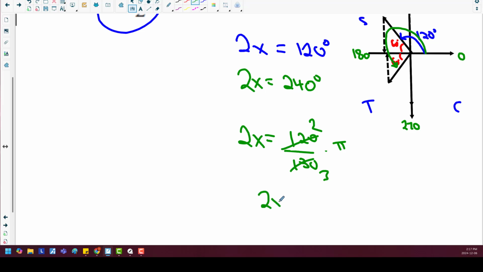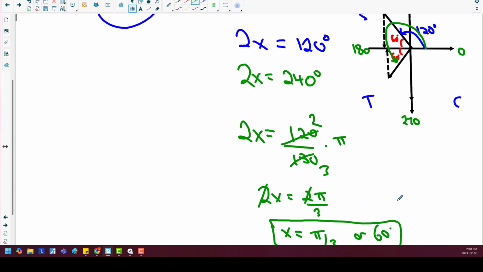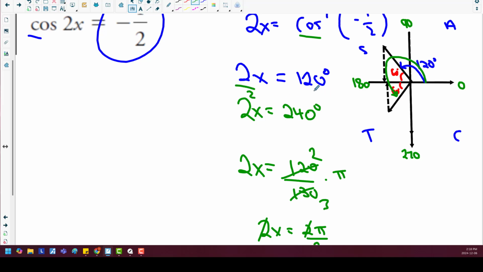So the answer is 2x is equal to 2 pi over 3. And then x is equal to, divide both sides by 2, obviously, pi over 3. Or 60 degrees. So that is one answer. And remember, if I divide both sides by 2 here, I'll get 60 degrees, so that's the one answer there. 2x is equal to 240, x is equal to 120 degrees.